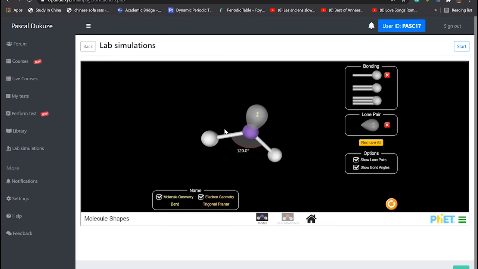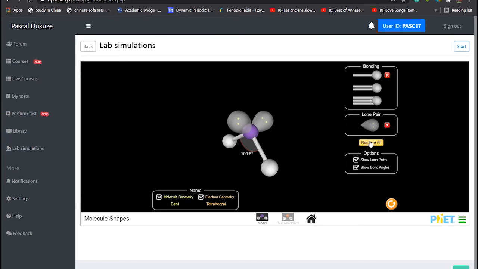So that is the reason why the bonding angle here will be squeezed and reduced to 120 from 180. If I add a second lone pair, what happens? You see, the bonding angle is still decreasing. So as the number of lone pairs increases, the bonding angle decreases.